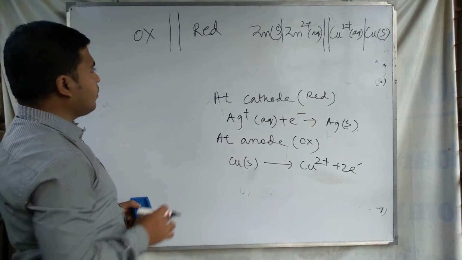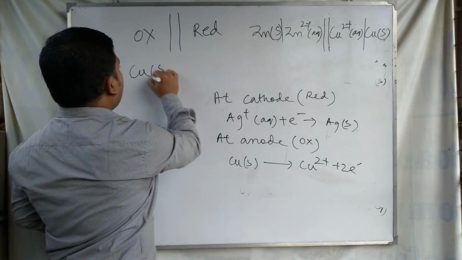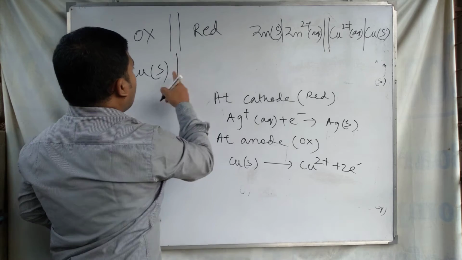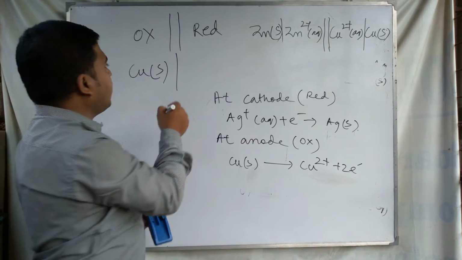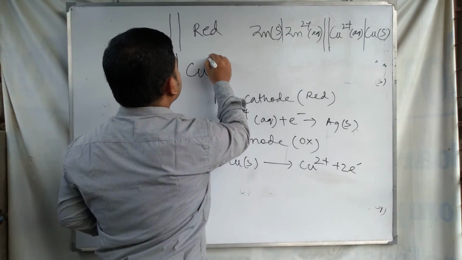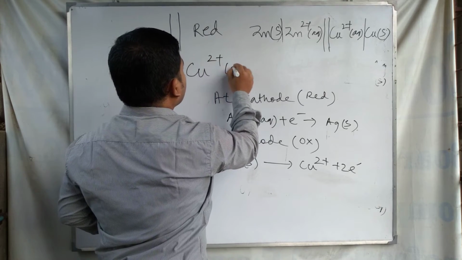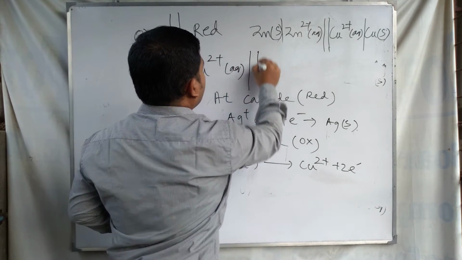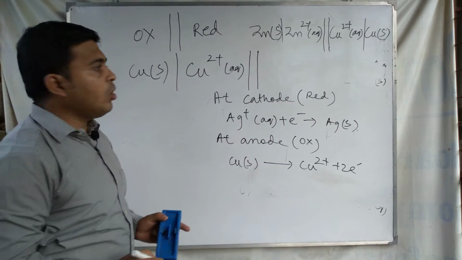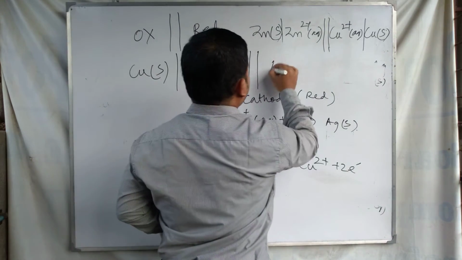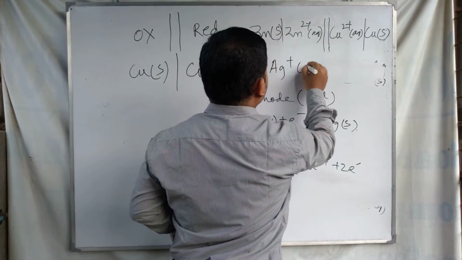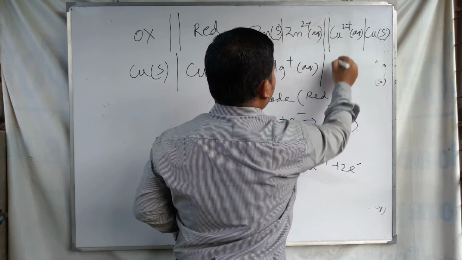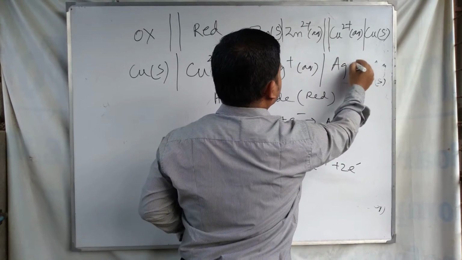Which one is oxidized? Copper. So copper, one single vertical line, and copper 2 plus, double vertical line which represents the salt bridge, and after that silver plus aqueous and silver solid.